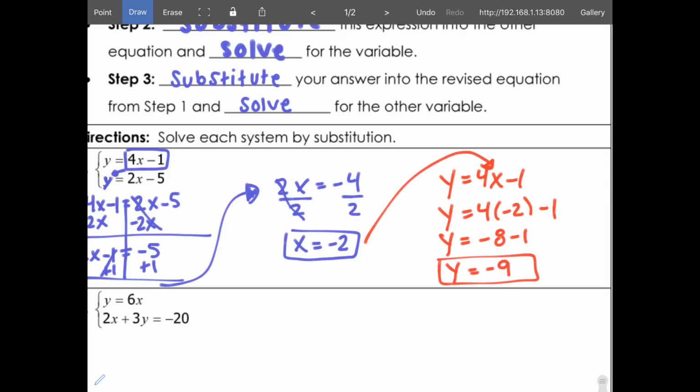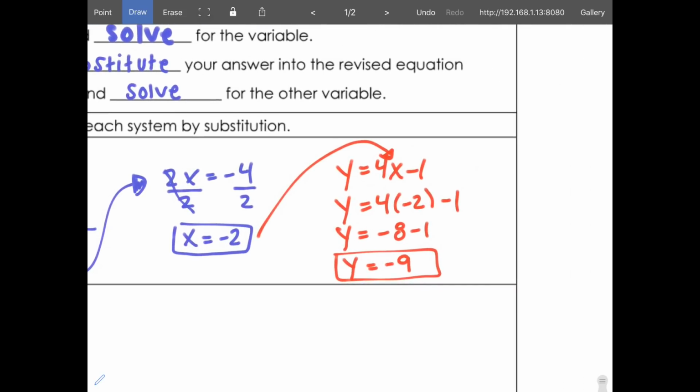Remember for graphing, when we solved the systems by graphing, the answer was the intersection, right? Let's say negative 2, negative 9 is somewhere down here. Let's say these two graphs cross like this, that means this would be the point of intersection. This point is negative 2, negative 9.